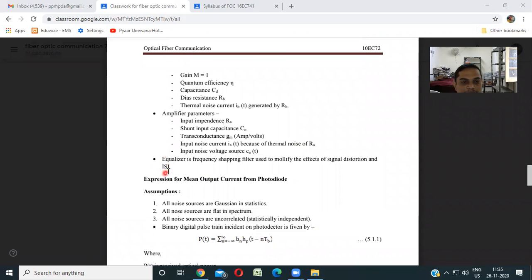ISI stands for inter-symbol interference. These two effects have to be nullified. Nullified means we have to remove them and also give a perfect shape to V out. So that is the use of this equalizer.